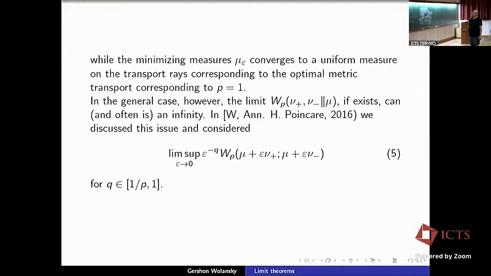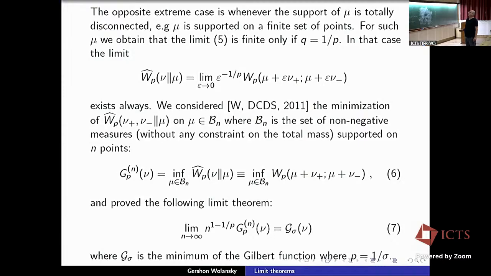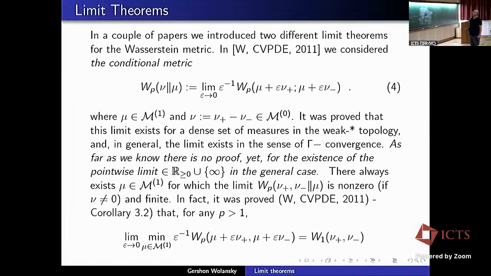And in this paper, in Analysis Poincaré in 2016, I consider this limit for a Q in the interval from 1 over P to 1, and show that there always exists an exponent Q in this interval for which this has a finite limit. So the opposite extreme.